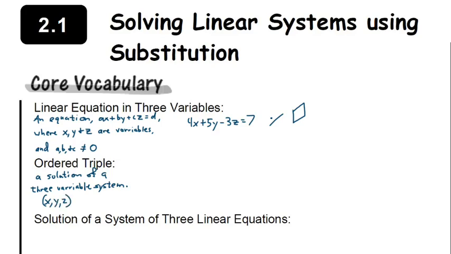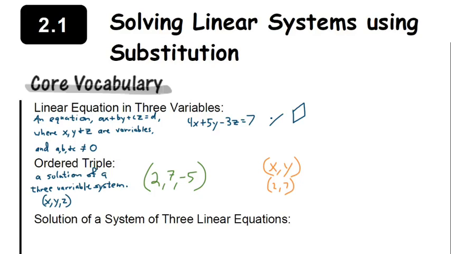Much like you're used to points like x, y, such as the point 2, 7, this has a third dimension, z. So an example would be 2, 7, and negative 5. That's what an ordered triple is. It's just a solution to a system of three variables.